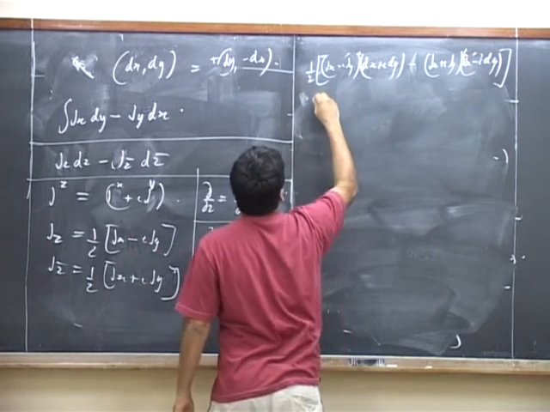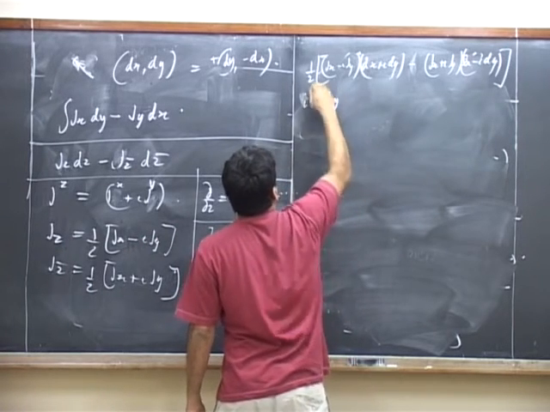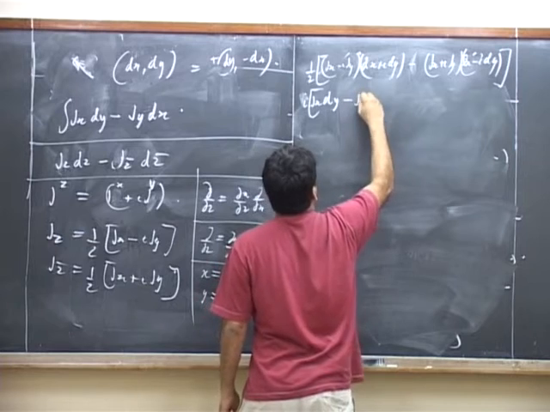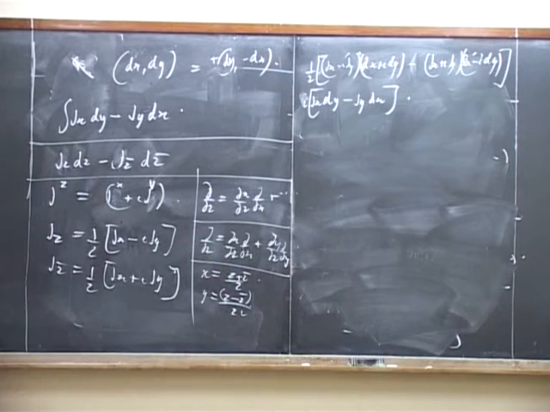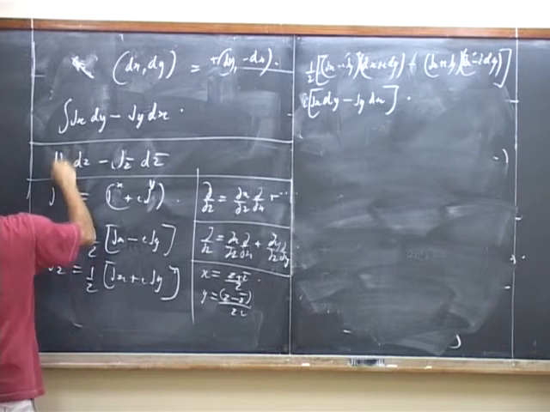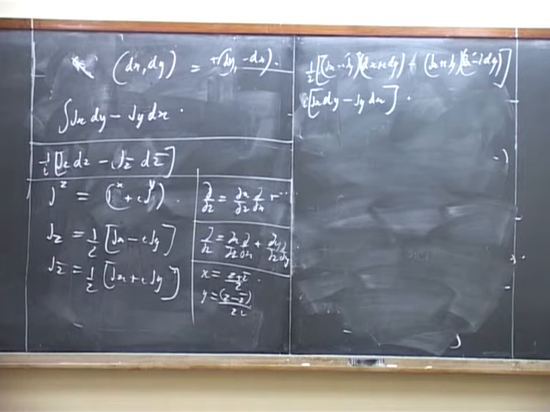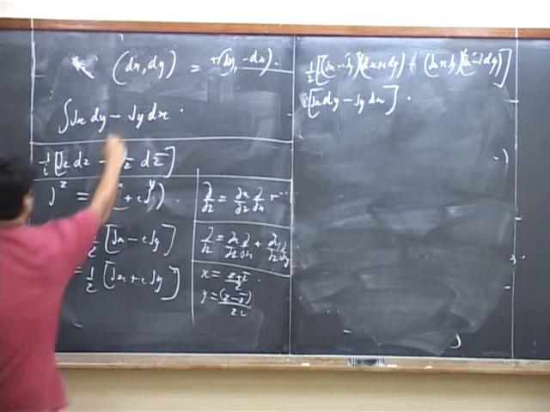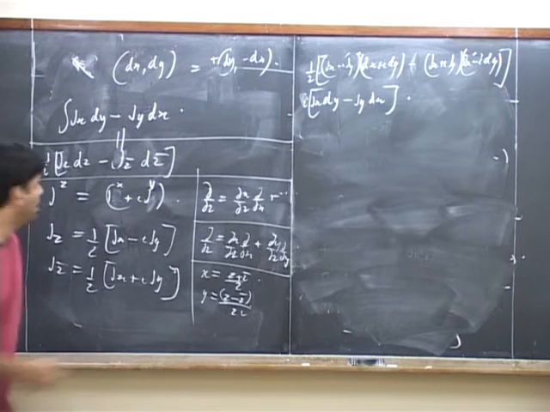This is i times jx dy minus jy dx. Good. So this divided by i, jz dz minus jz bar dz bar, is equal to jx dy minus jy dx. Okay, clear? Fine.